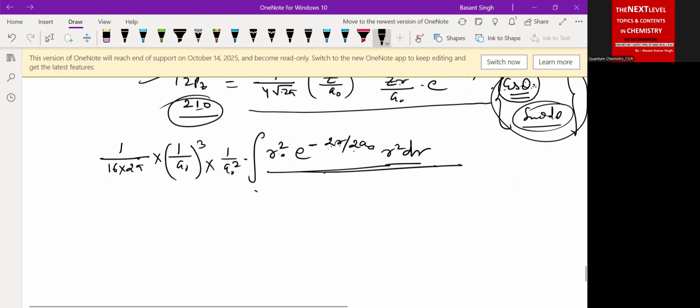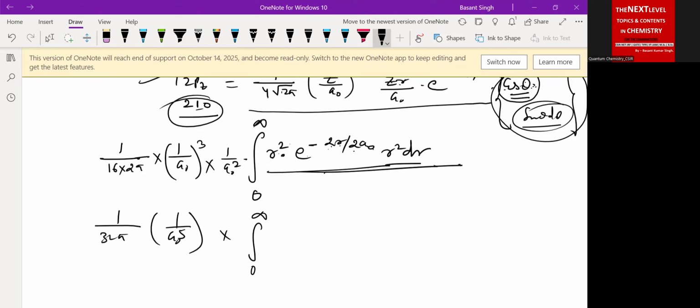Now this is equal to, from 0 to infinity, 1 by 32 pi, 1 by a0 to the power 5 into the integral from 0 to infinity of r to the power 4 and e to the power minus r by a0.